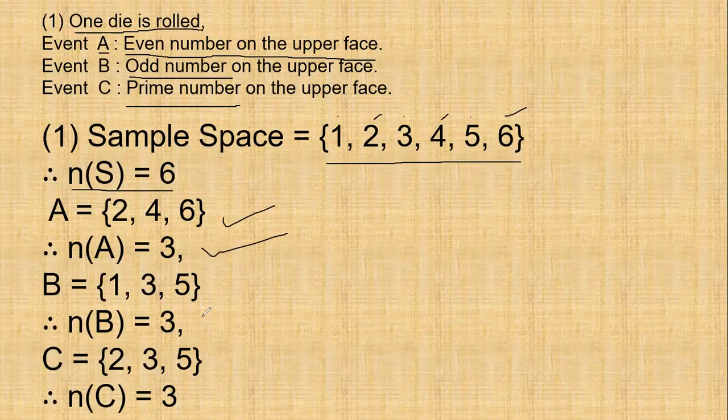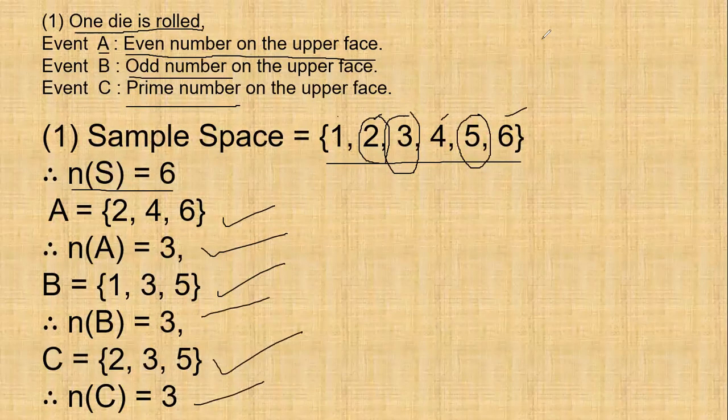That also is 3. The next one, prime number on the upper face, event C. These are the prime numbers: 2, 3 and 5. The number of C is also 3.